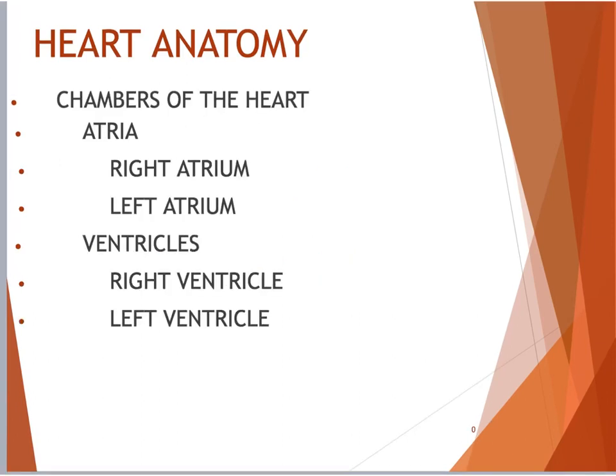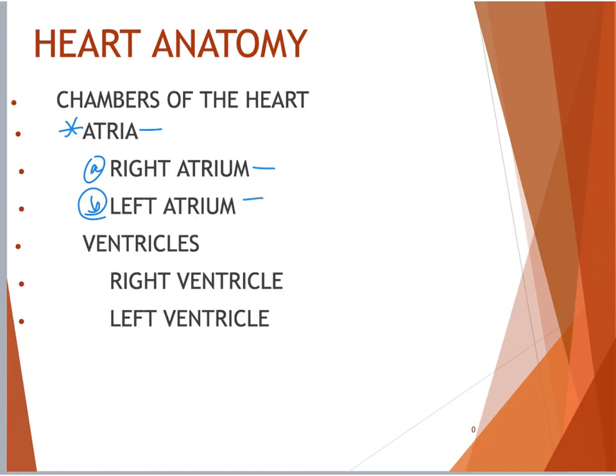The human heart is made up of chambers, okay? There are 4 chambers to the human heart. We have 2 upper chambers and 2 lower chambers. The upper chambers are referred to as atria. Okay, so these are the superior chambers of the heart. They are often referred to as receiving chambers, and they are divided into right and left based on their location.